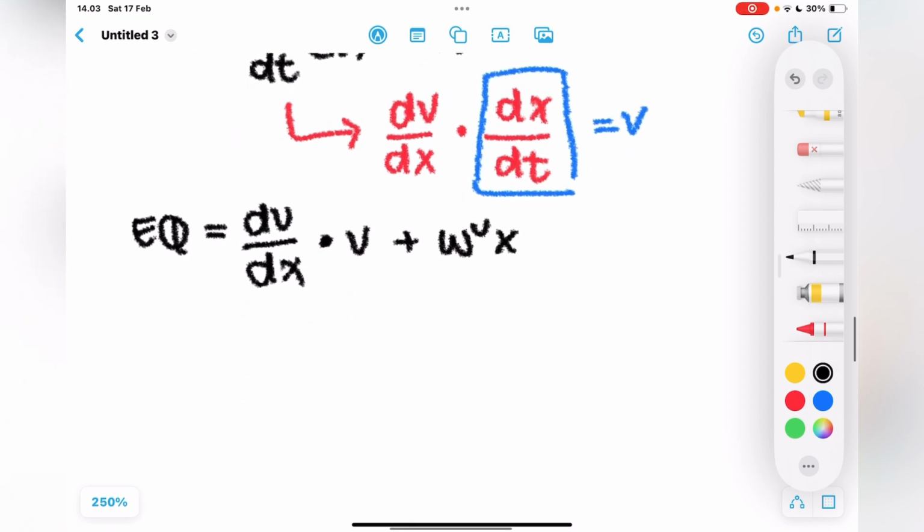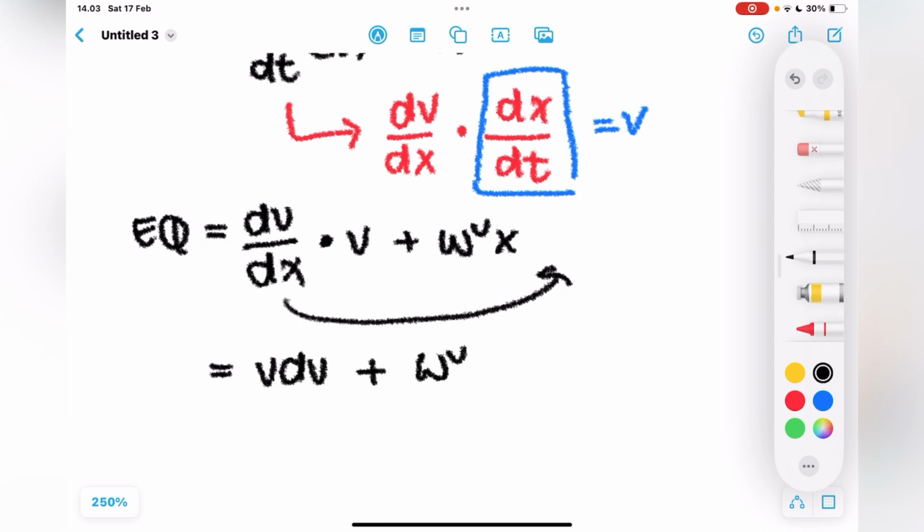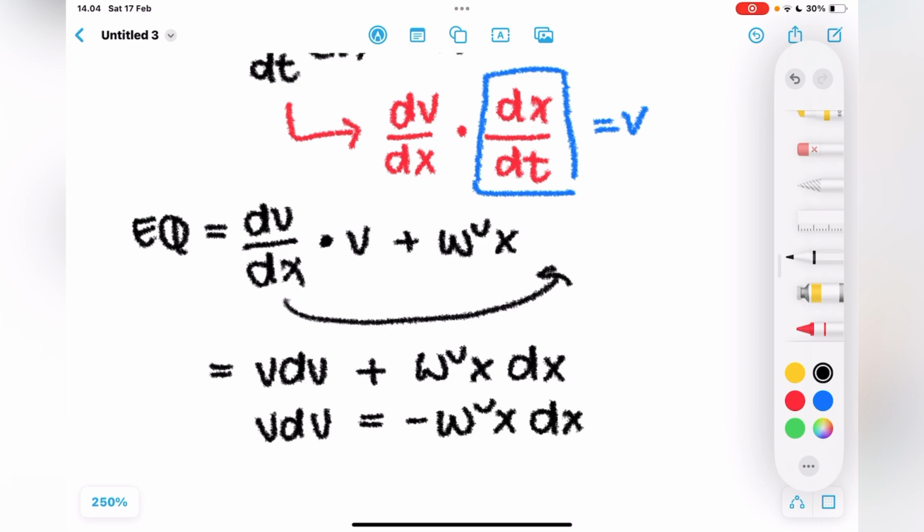Now here, if we move dx to the right, it is going to be v dv plus omega squared x dx, or v dv equals negative omega squared x dx.